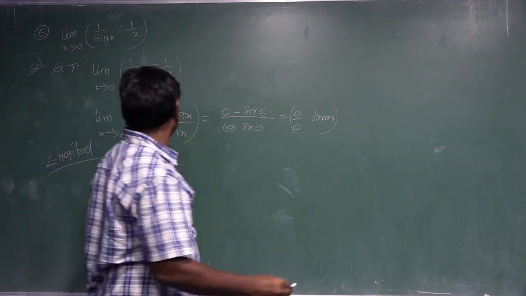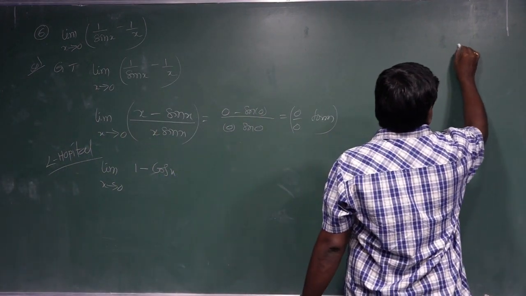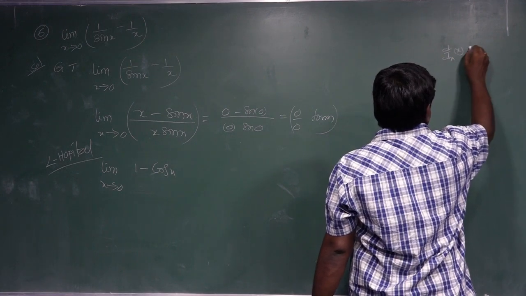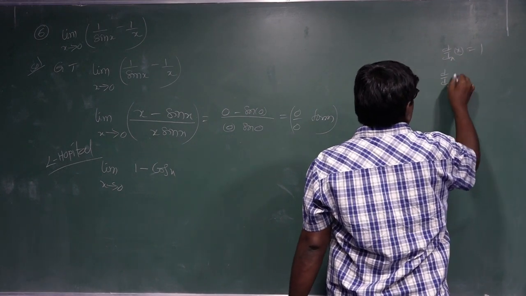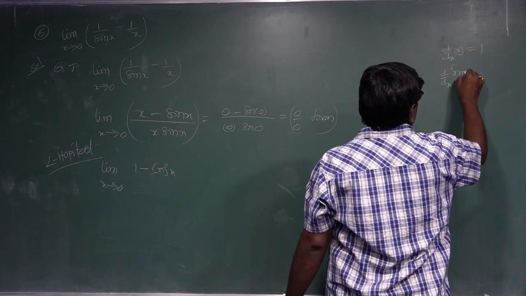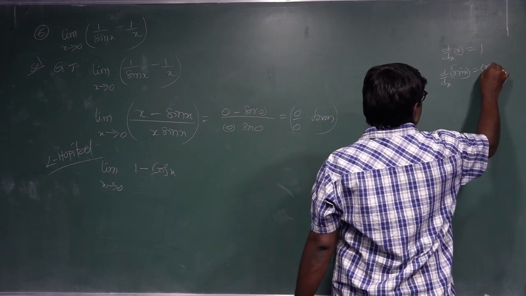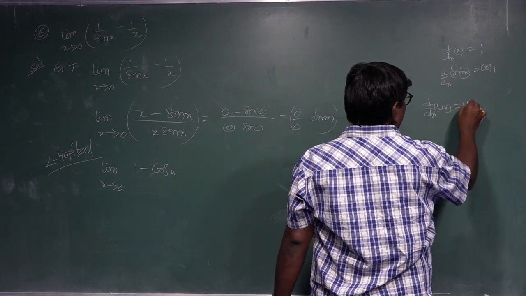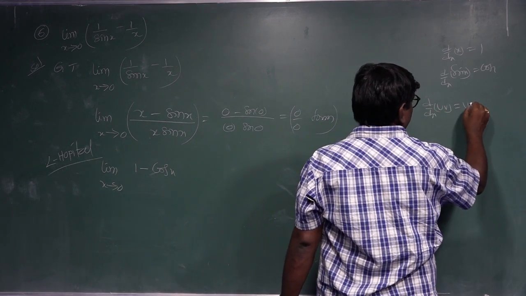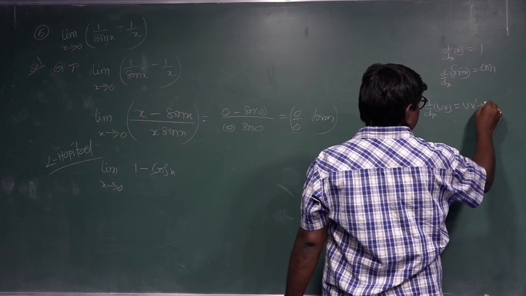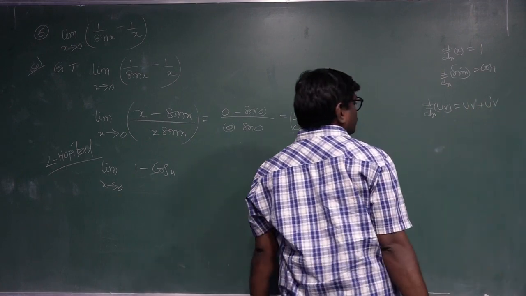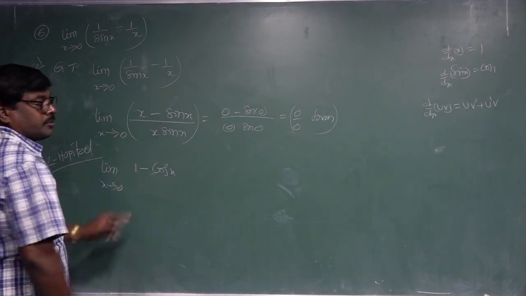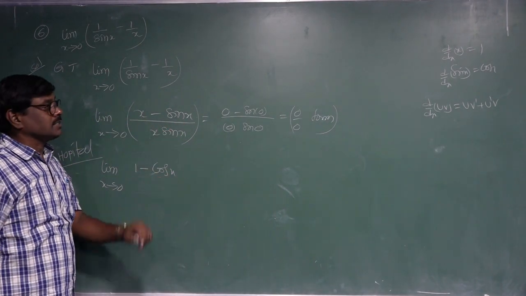Any doubts? d by dx of x equal to 1, d by dx of sin x equal to cos x. For the uv formula, u v dash plus u dash v.